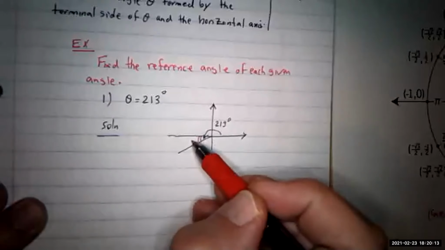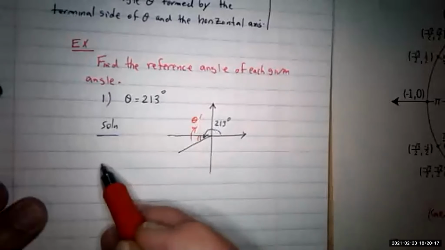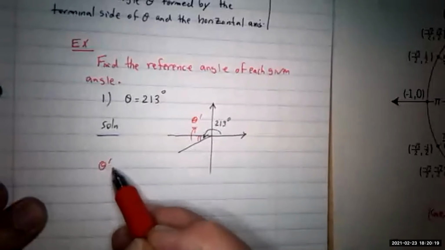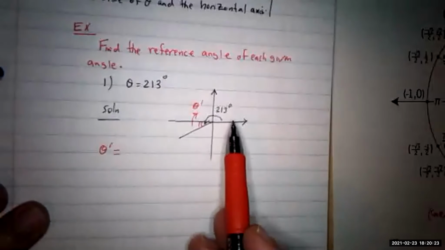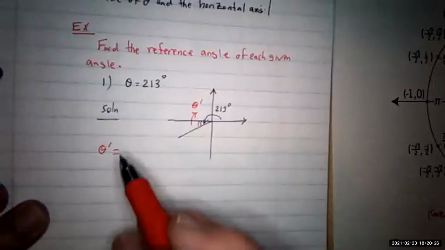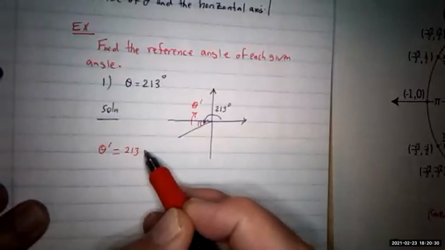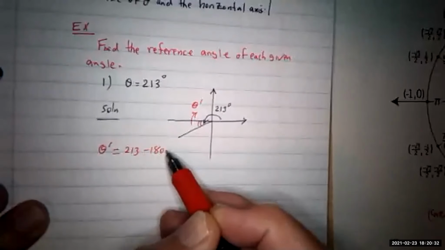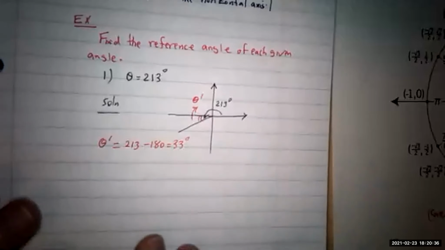This angle, the red one, is going to be your reference angle. So the reference angle is going to be what? The leftover of 213 minus 180. So the result would be 33 degrees.